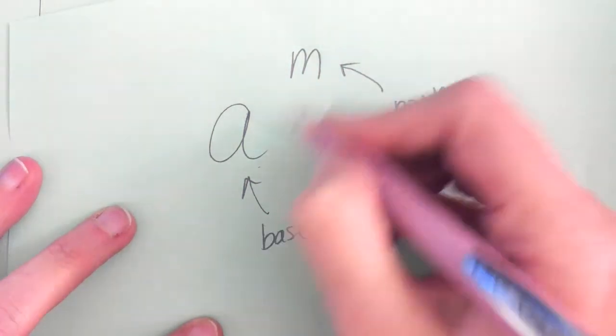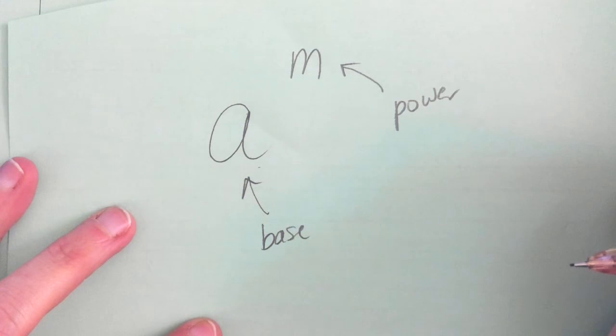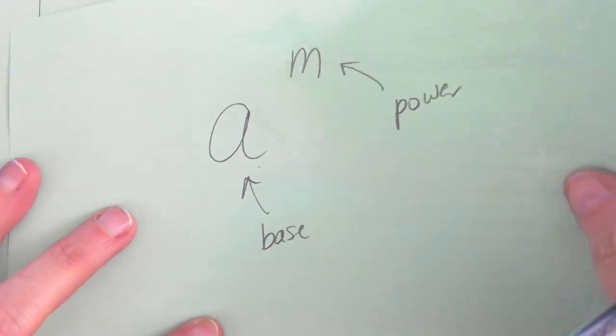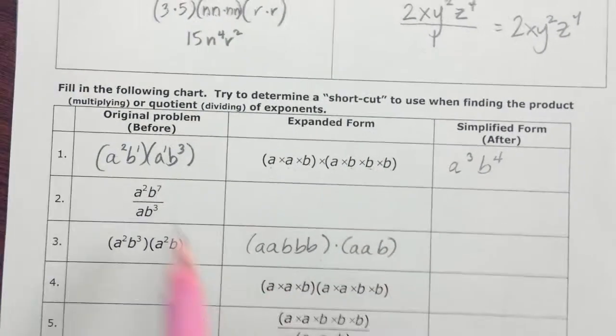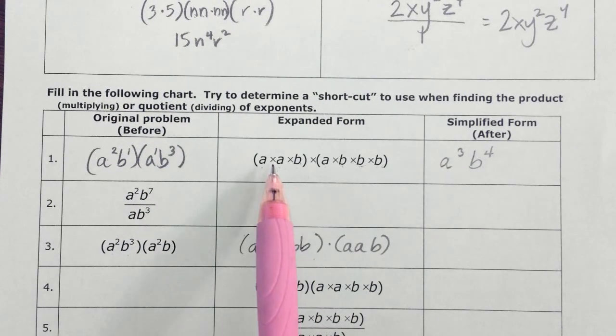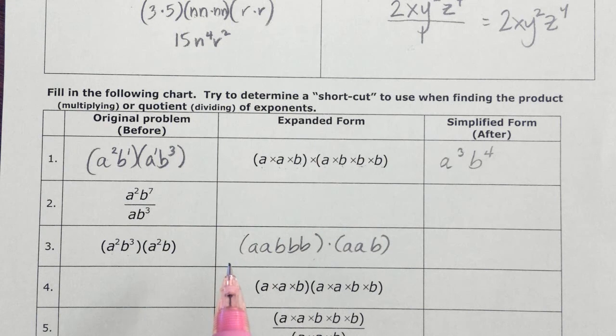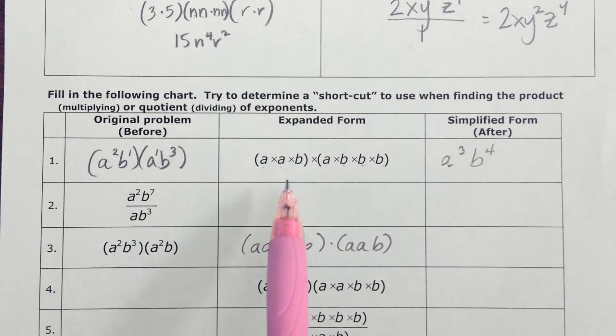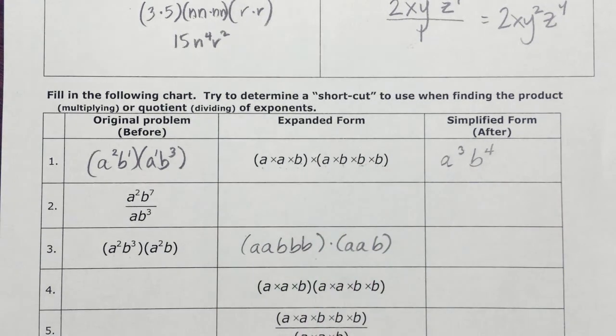So I take my base and I raise it to the power. Now, if I want to point something out: am I combining things that don't have the same base? Did I put a's and b's together? No, I did not, because that would be like combining unlike terms. They're a's and b's.